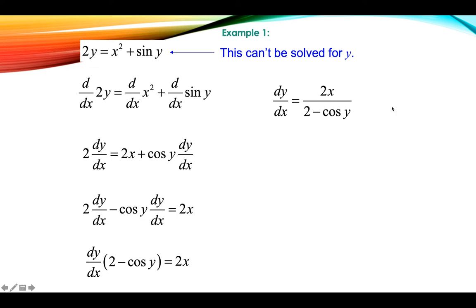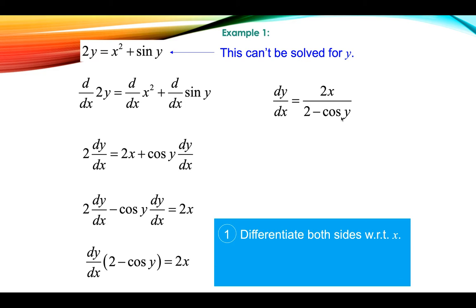And so we divide both sides by the 2 minus cosine y. And we have found our derivative of y with respect to x. Again, the process we used for doing that was to differentiate both sides with respect to x and then solve for your derivative of y with respect to x.